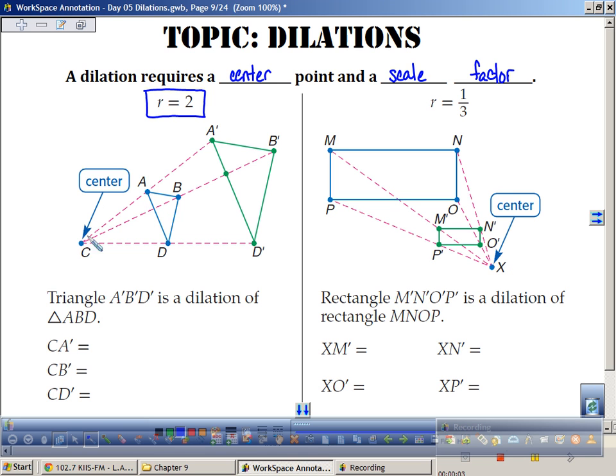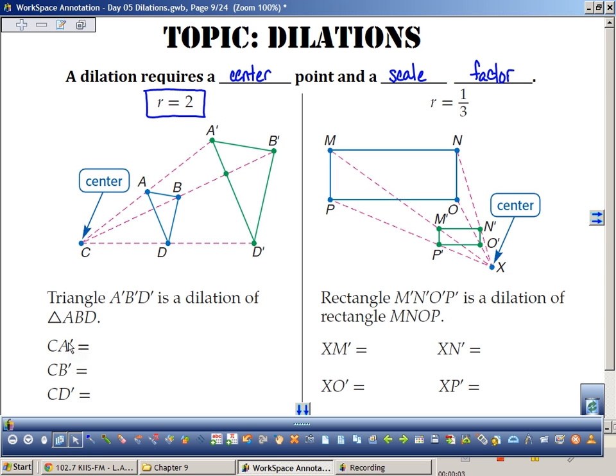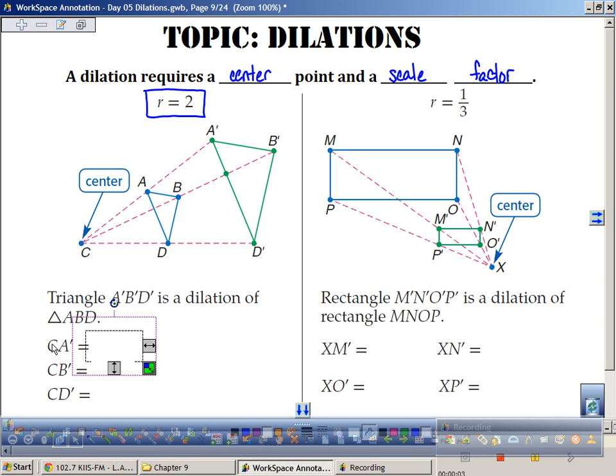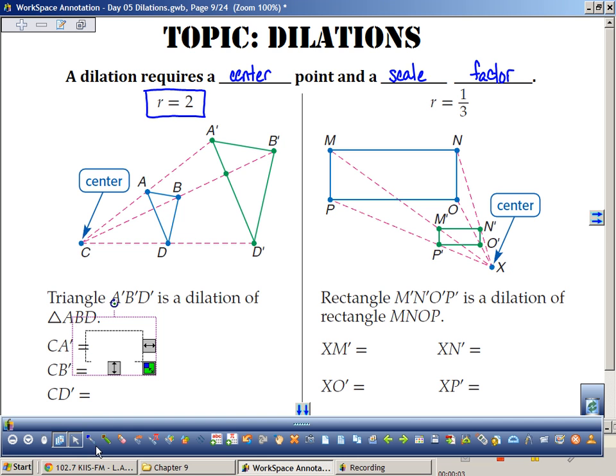Then there's also a distance from C to A prime that has a scale factor of 2. So what do you think this right here is going to be? Triangle ABD is a dilation of triangle A prime, B prime, D prime of ABD. So C times A is going to be what?